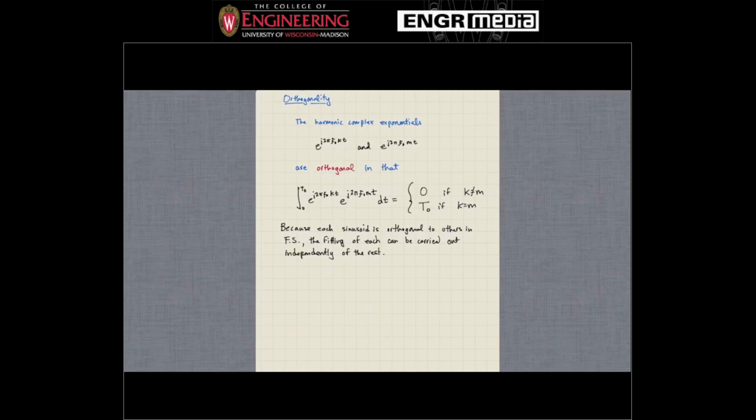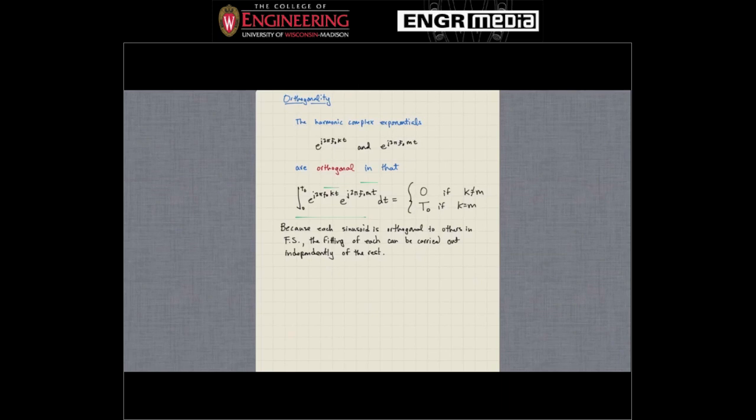What orthogonal means, and we actually evaluated this integral last time, is that when we integrate one times the other, it either gives us 0 or some positive value. It gives us 0 if these complex exponentials have different integers k and m. If k is not equal to m, it's equal to 0, and if k equals m, then we get some positive number.